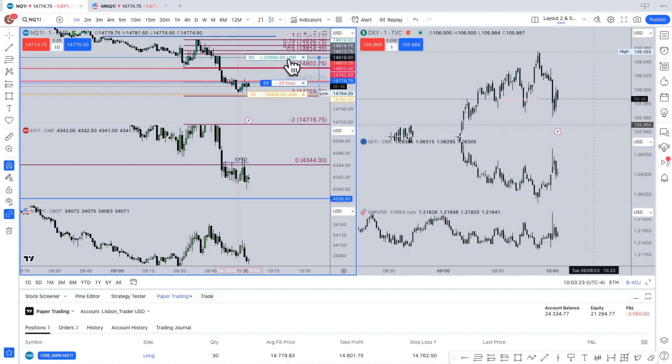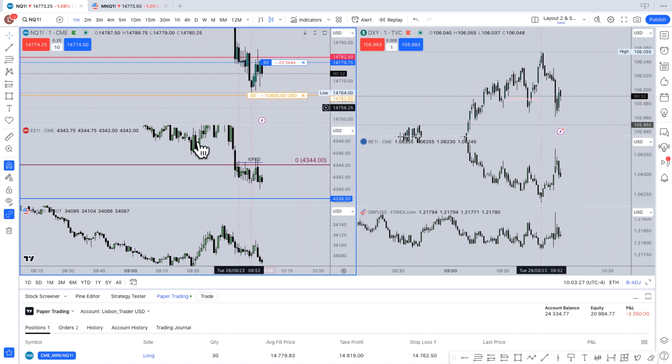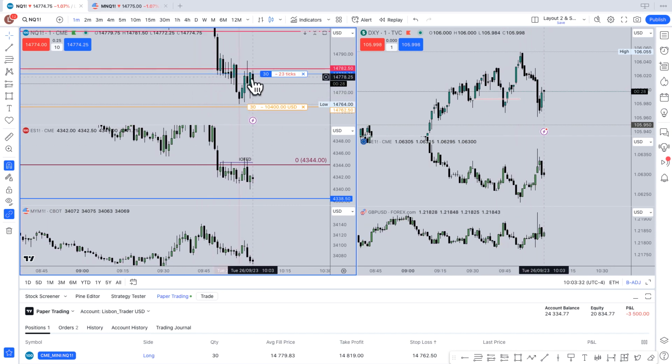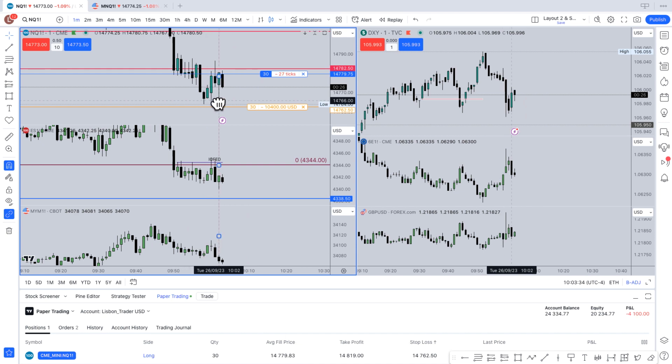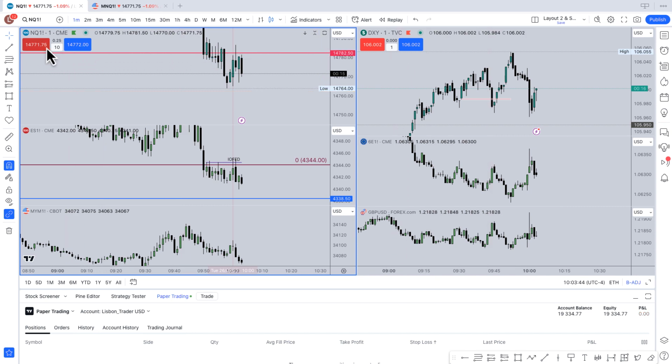Might want to revisit first premium before going lower or waiting for the news at 10 o'clock. Did not push too much higher.